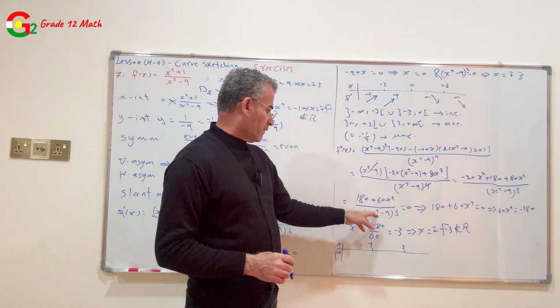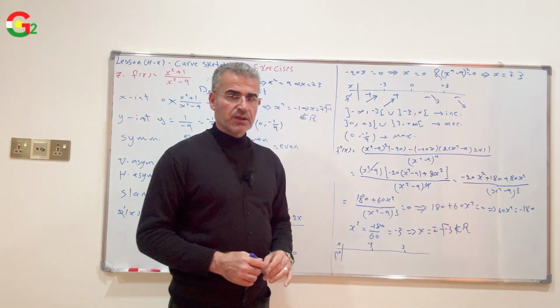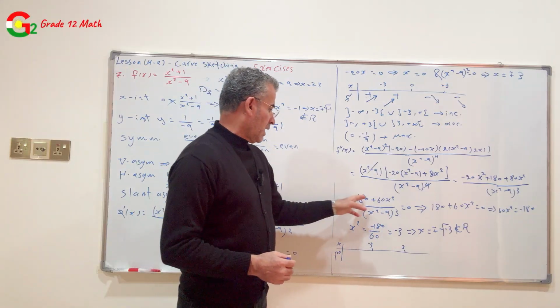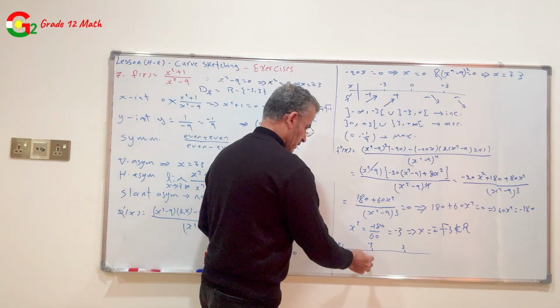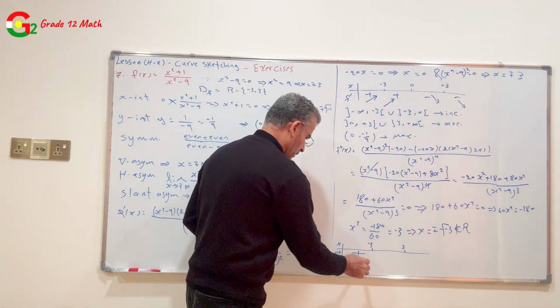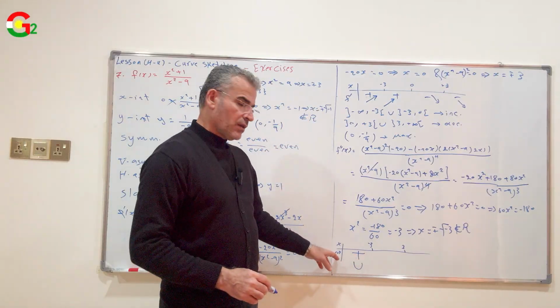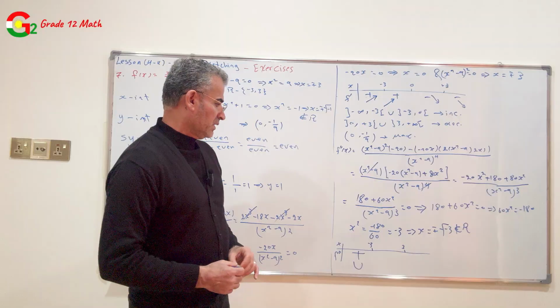negative 4 squared is greater than 9, therefore the denominator is positive, and the numerator is also positive, since positive plus positive is positive. Therefore the second derivative is positive, and the function is concave in this interval.